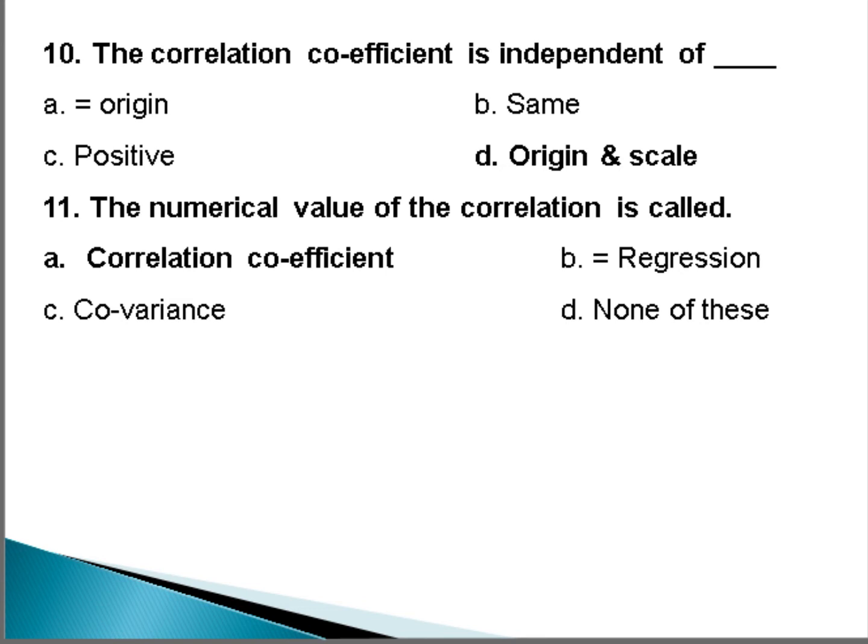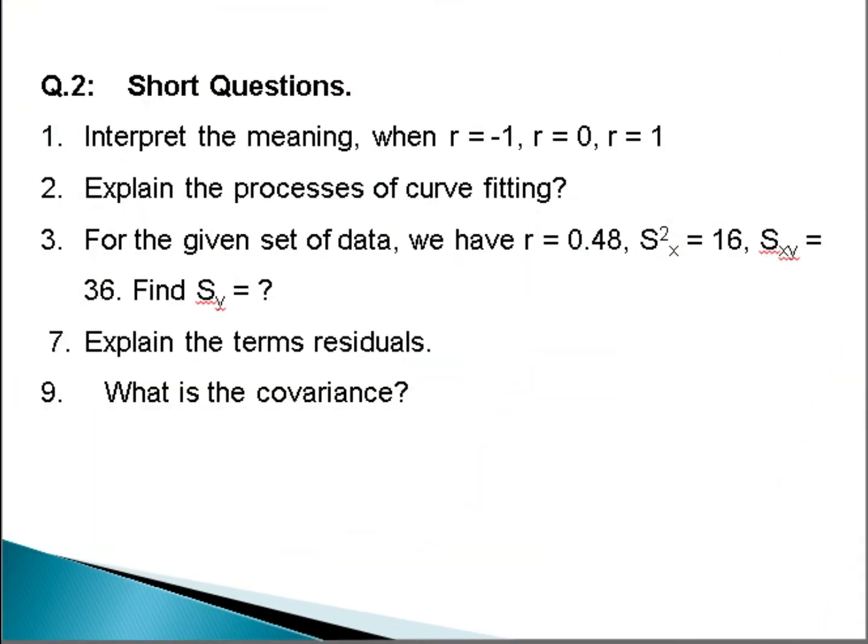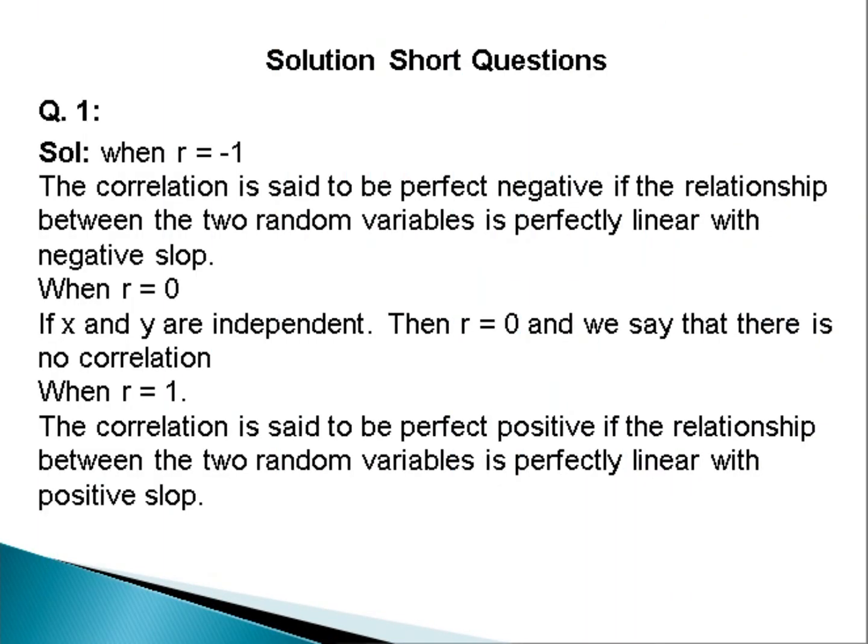Now question number 2. This is of short question. Here it's first question. Interpret the meaning when r is equals to -1, when r is equals to 0, and when r is equals to 1. So the students, when r is equals to -1, the correlation is said to be perfect negative if the relationship between the two random variables is perfectly linear with negative slope.